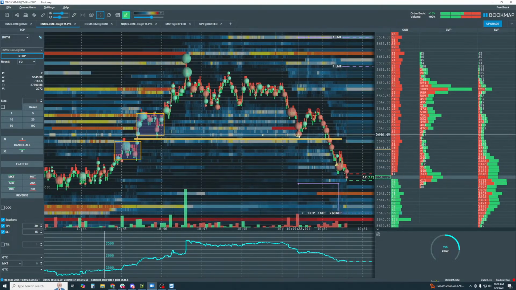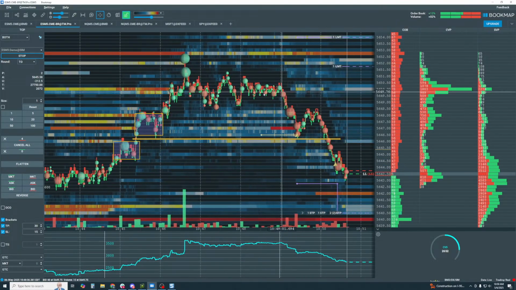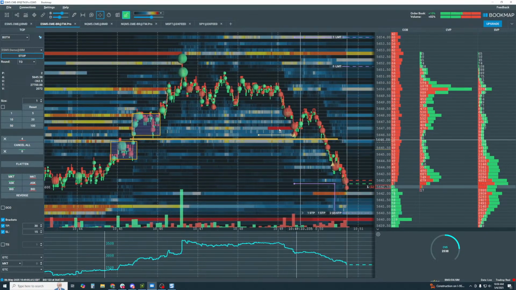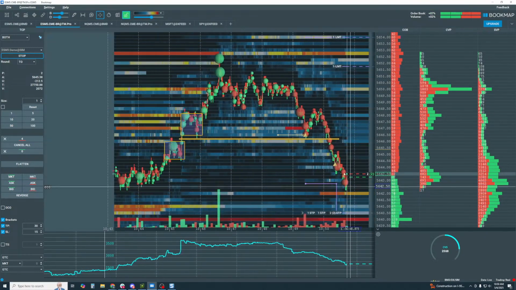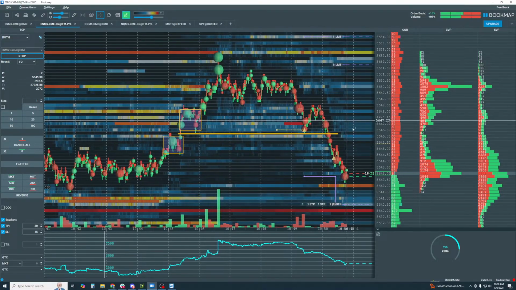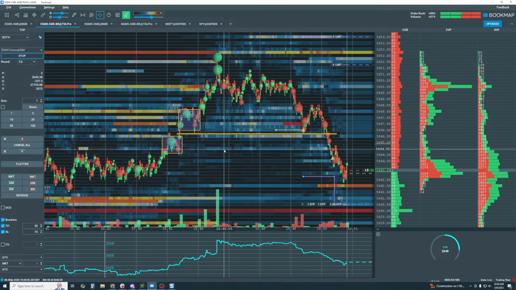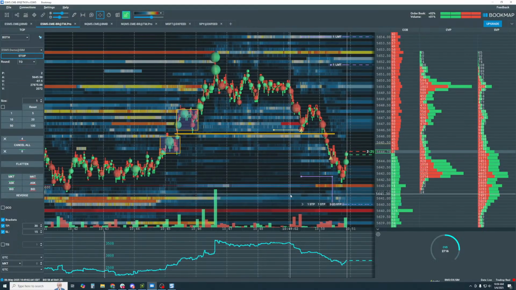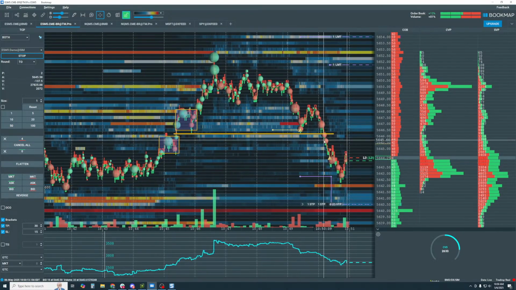Okay, so these are the risks involved. We bottom ticked it and got that bounce, but we're seeing kind of a shift now from buy side to sell side here, at least for the moment. We're still in an uptrend, and there's still a lot more buyers here than there are sellers. But you get the idea.